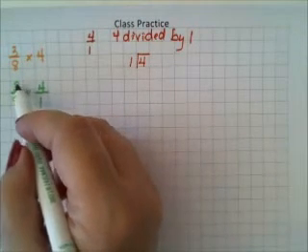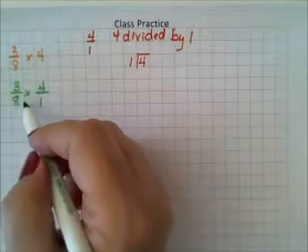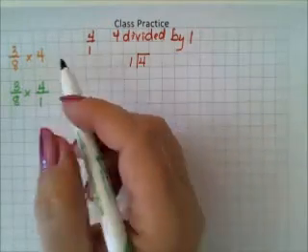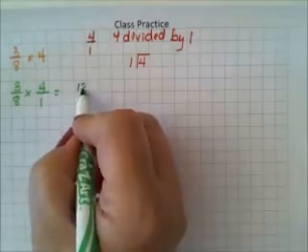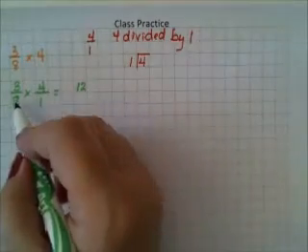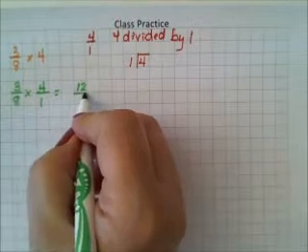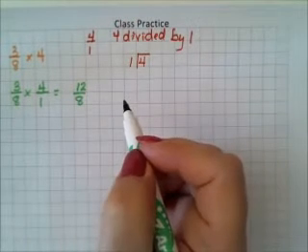Remember, we multiply the numerators and we multiply the denominators. So 3 times 4 is equal to 12, and 8 times 1 is equal to 8, right?